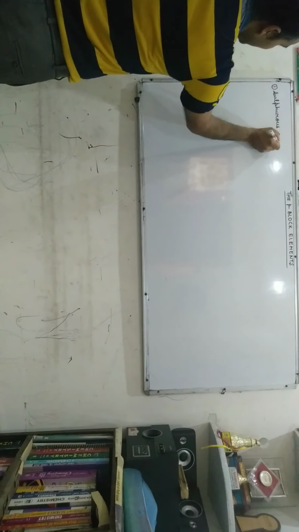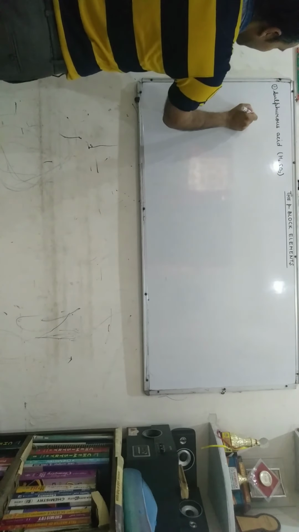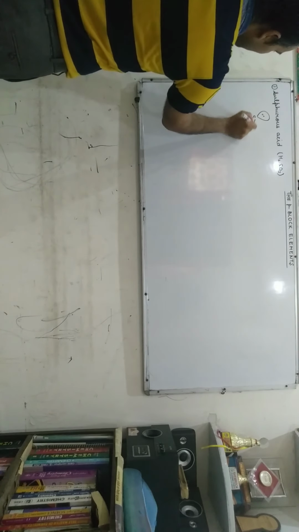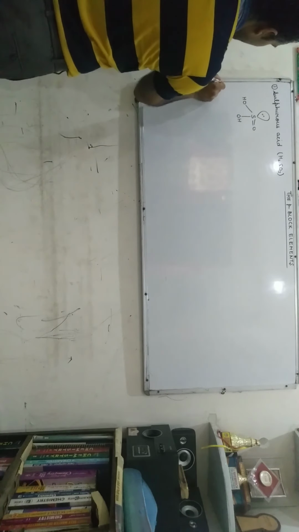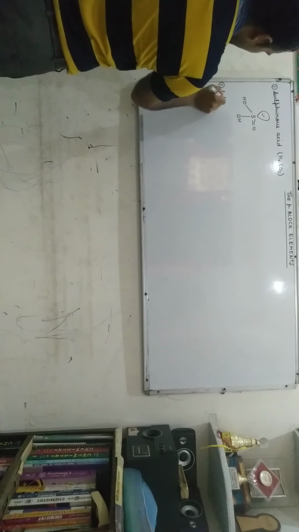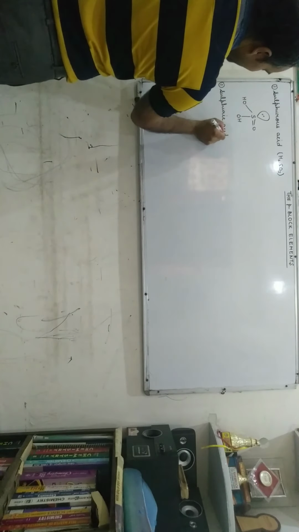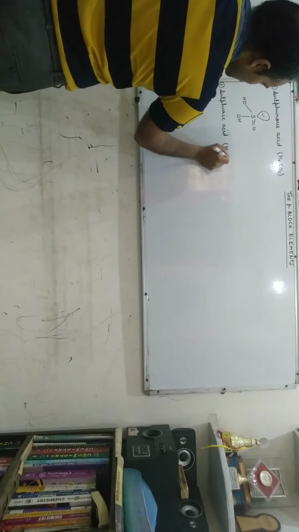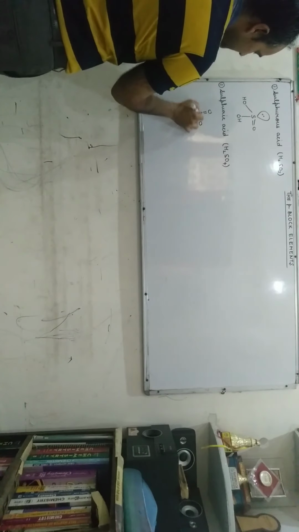Sulfurous acid having formula H2SO3, and the structure of sulfurous acid is here. The second one is sulfuric acid having formula H2SO4, and the structure is represented like this manner.